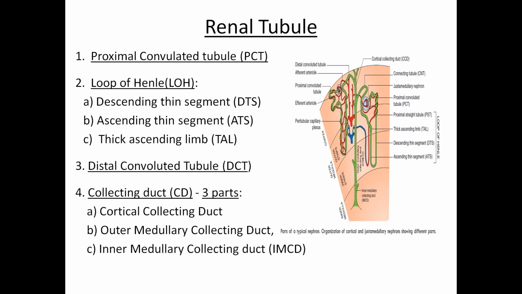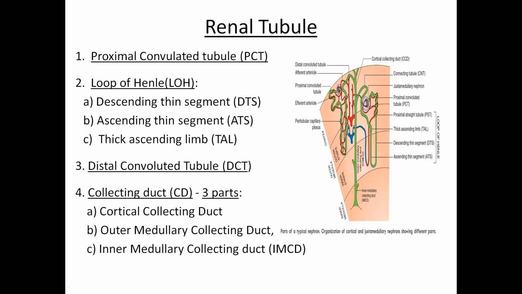The PCT is usually followed by a straight segment, the pars recta, or proximal straight tubule, that descends towards the medulla. So initially you see these coils, and then there is a straight segment going towards the medulla, known as the proximal straight tubule or the pars recta.